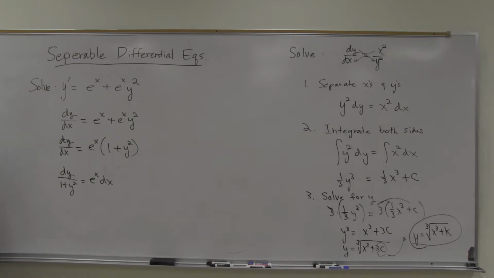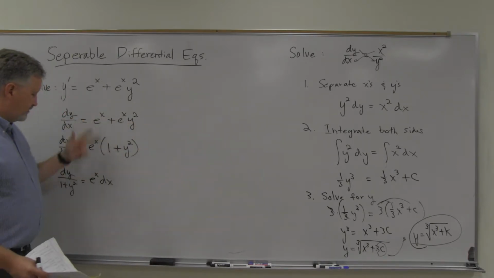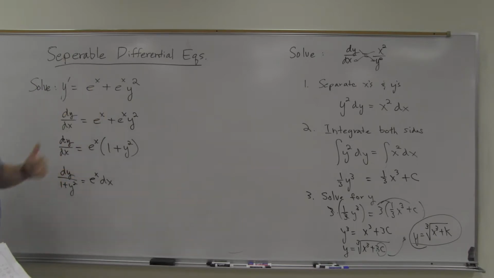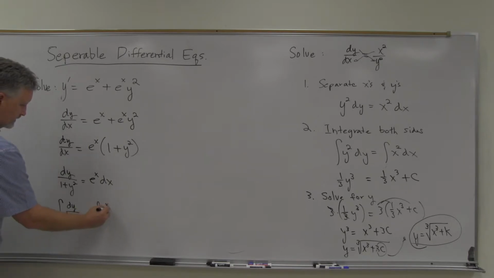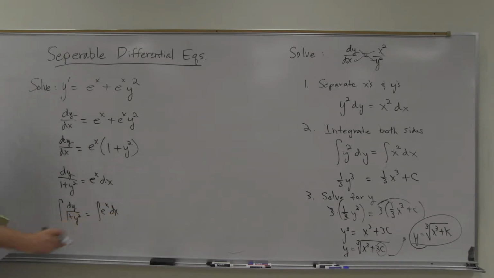Now what's next? Step 2. Step 1 was a little longer than step 1 was over there, but that's the nature of the particular problem. So step 2: integrate both sides. They're both fairly easy.